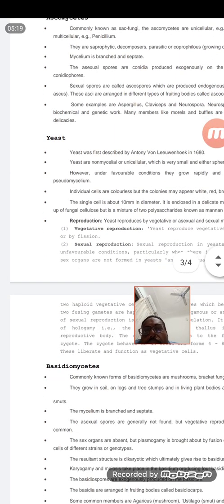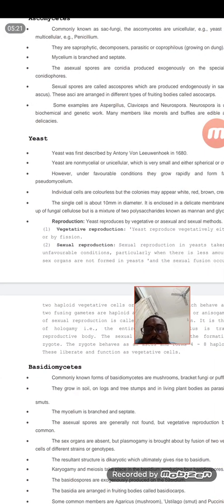Yeast has lots and lots of importance. They are unicellular, non-mycelial, spherical structures. We can see both sexual and asexual reproduction. Yeast will reproduce by fission, binary fission also.